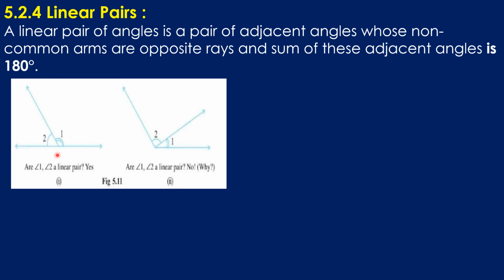So here we have angle 1 and angle 2, and these two are called adjacent angles because we have non-common arms on opposite rays, and when we take the sum of these two, angle 1 and angle 2, this is nothing but supplementary angles. Therefore, this type of adjacent angles are called a linear pair of angles.